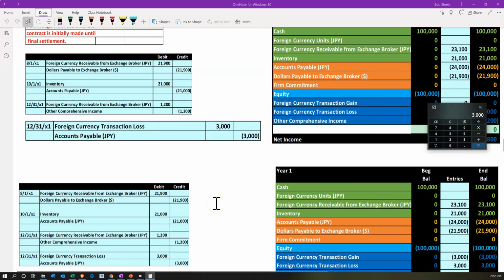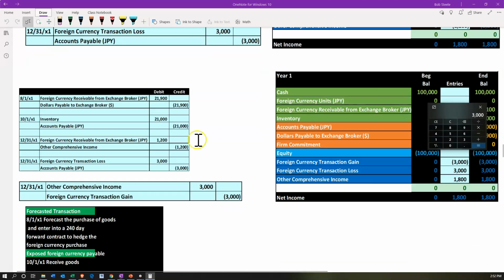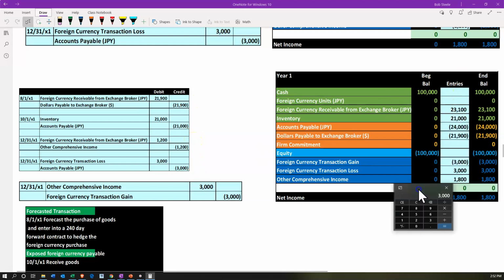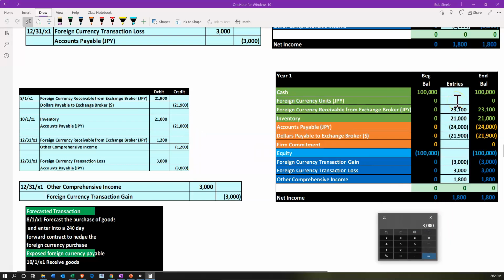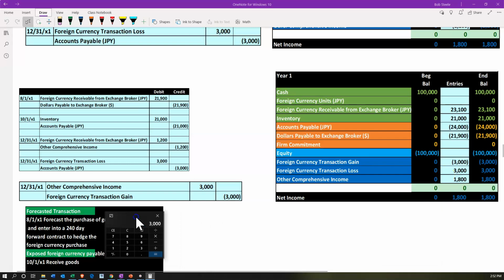Okay, let's scroll down to the next item. Remember that all these items thus far, including the current item we are working on, are in the entries column here. Now we're going to make an adjustment, basically moving out that loss that we recorded up top on the income statement to other comprehensive income. We will do that by netting it out with a gain.